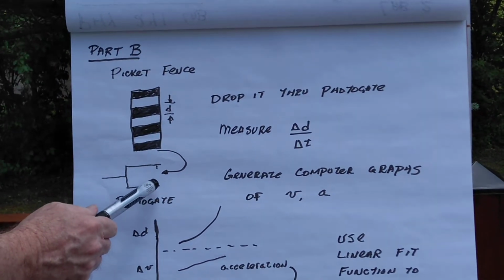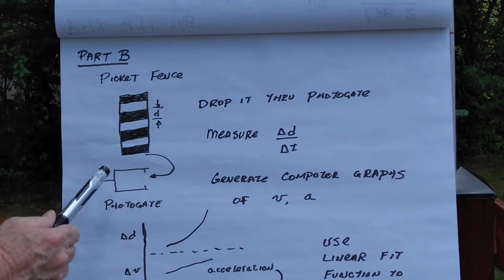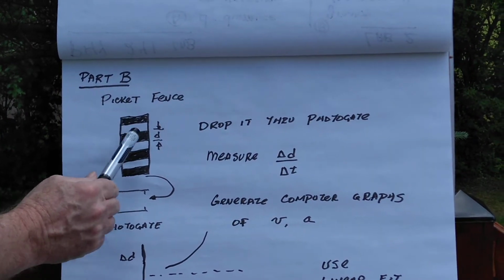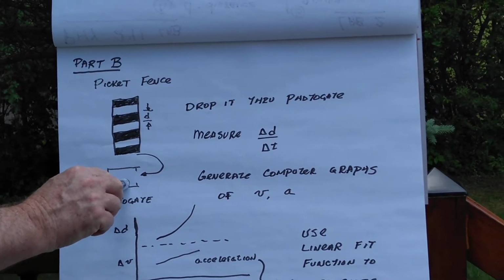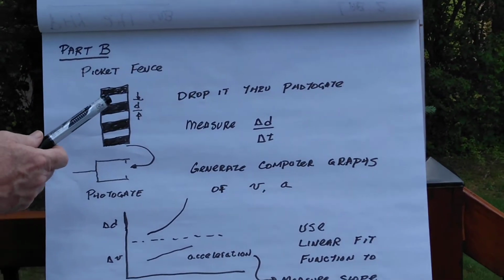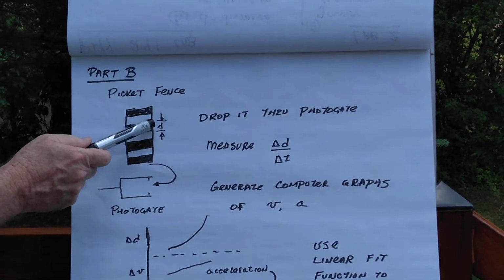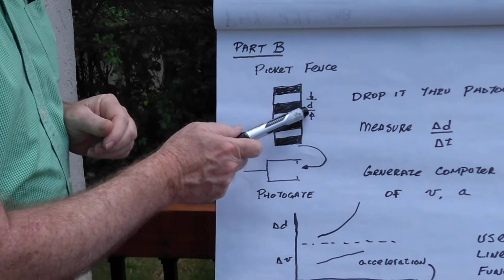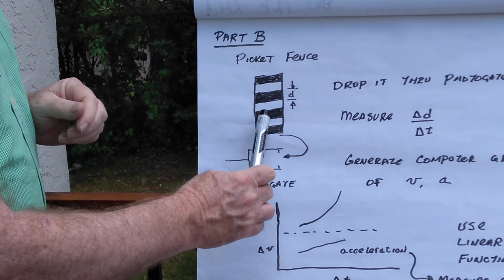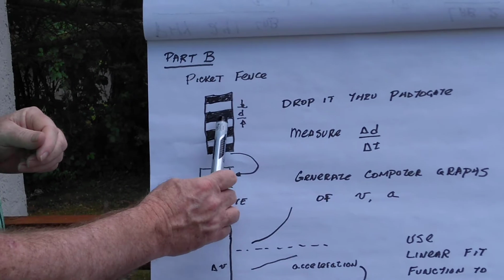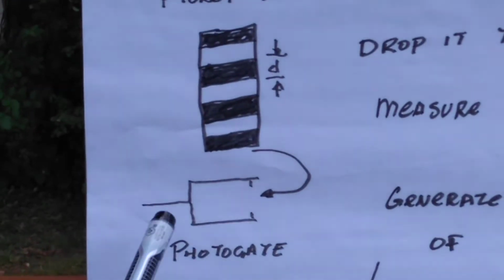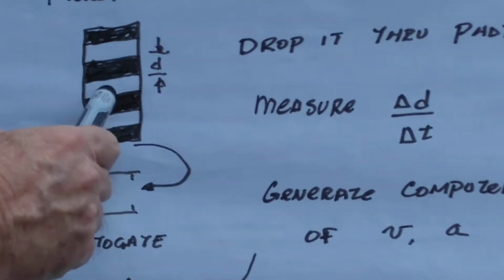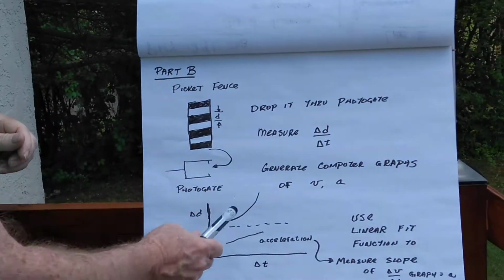It's like a fork, and it has sensors at the ends. And we're going to drop the picket fence through the photo gate. And what the photo gate is going to measure is this little distance, this black distance and this white distance, and how long it takes to go from this distance to this distance. And that distance over time is a measure of d over t.